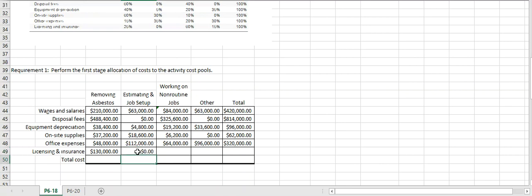Nothing for estimating and setup. 60% for non-routine, and 15% for other. Oops, that was 520. All right, and then we can sum up each of our columns.